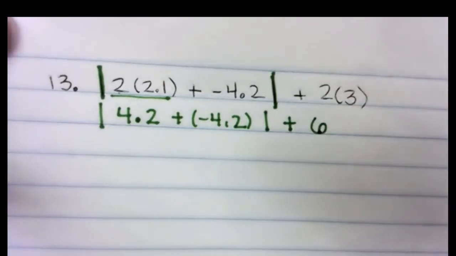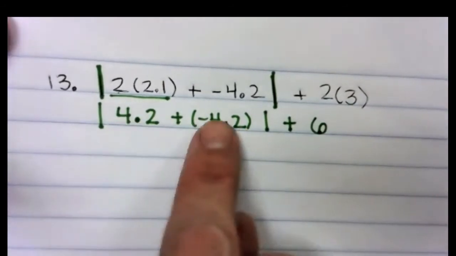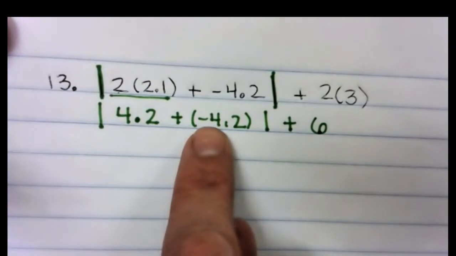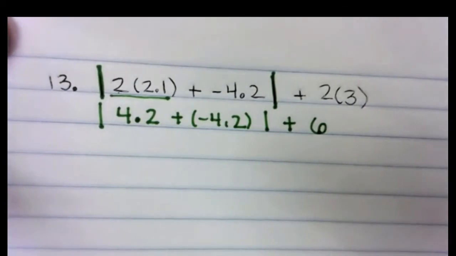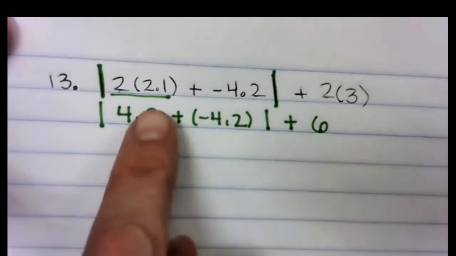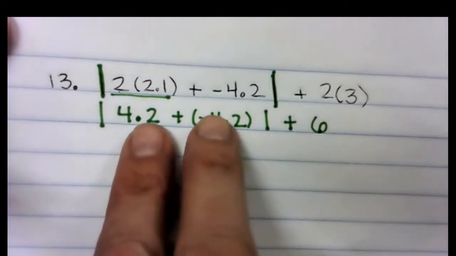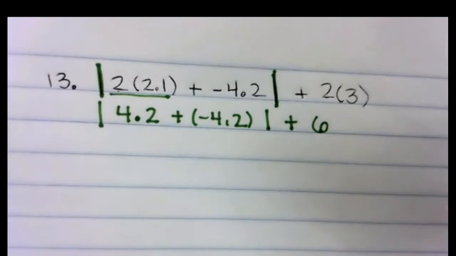Good. What do you know about adding an opposite? What's that called, Dominique? What's the answer going to be? Does anybody recall what that property is when you add opposites together? They're called what?